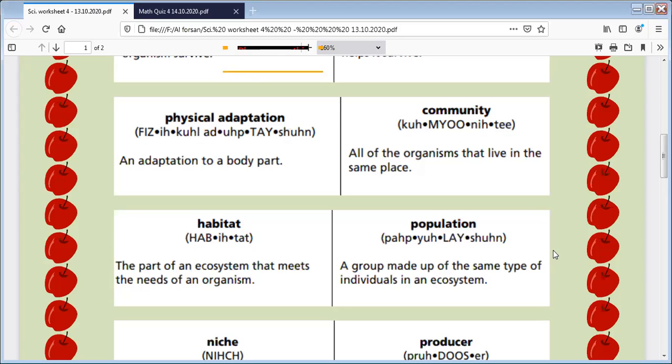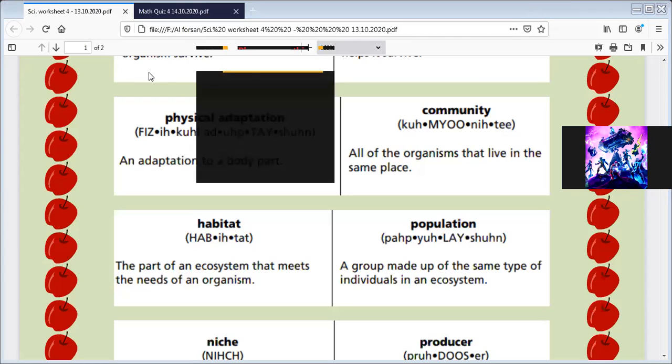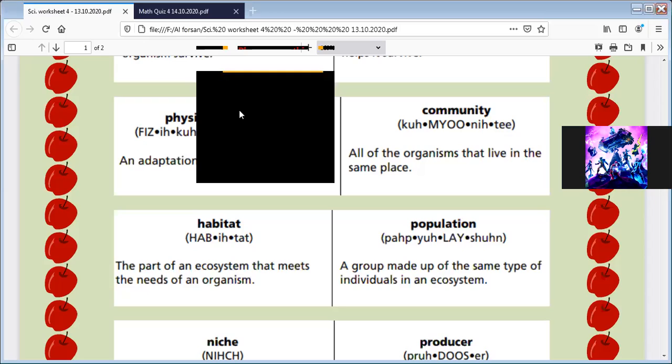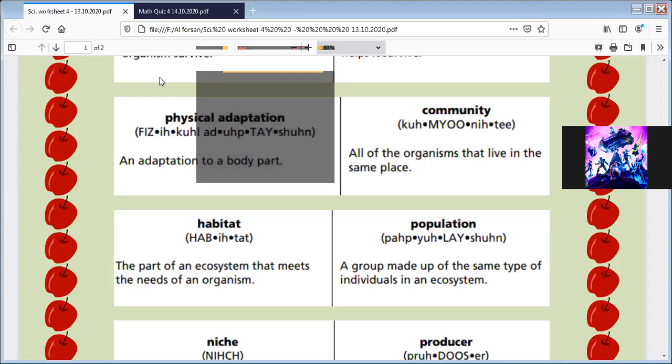Ahmed, population. What is population? A group made up of the same type of individuals in an ecosystem.